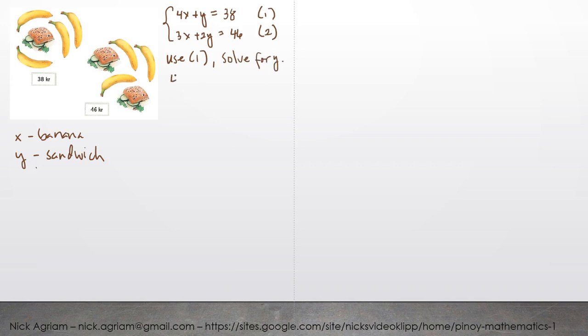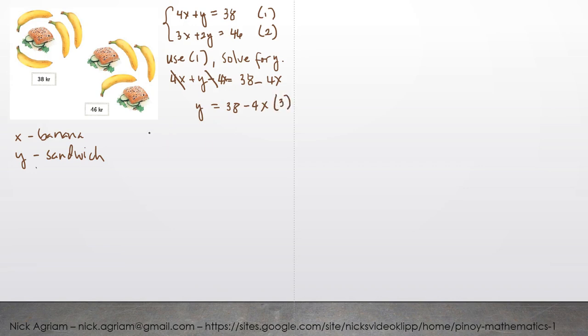Then we have 4x plus y is equal to 38. So we subtract 4x to both sides of the equation. Then this will become 0. Then y is equal to 38 minus 4x. And then we can name that as equation number 3.